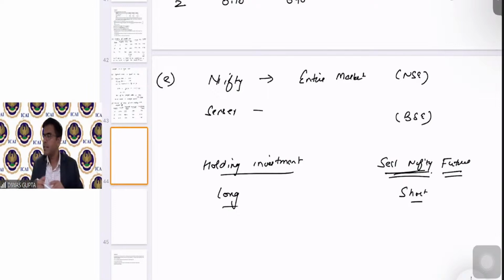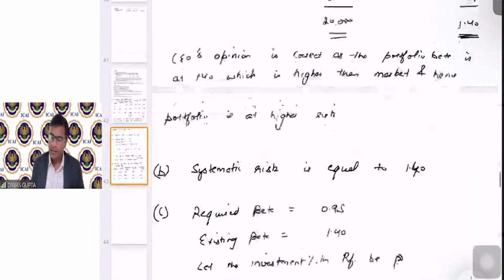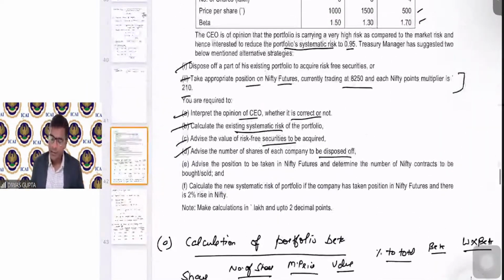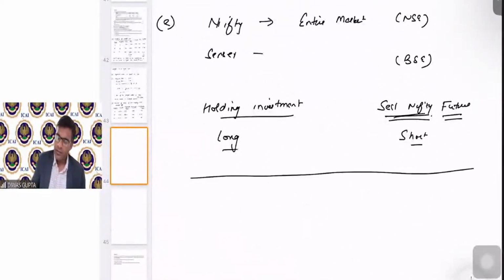Yes, students. Let's calculate. First of all, how many have to be taken in Nifty futures? Okay, so this was an understanding bit. Now let's come to the solution bit.